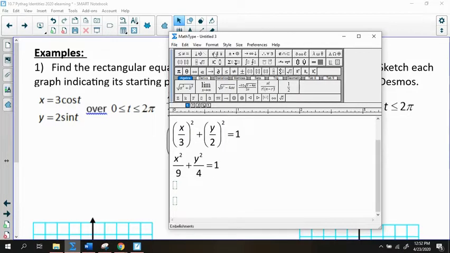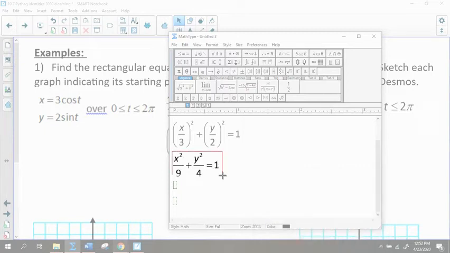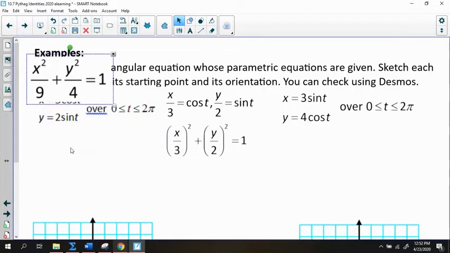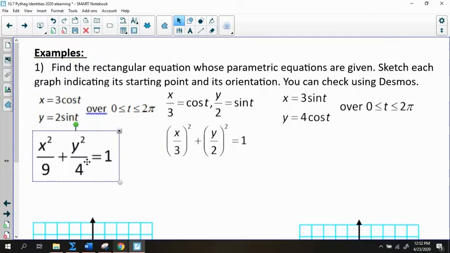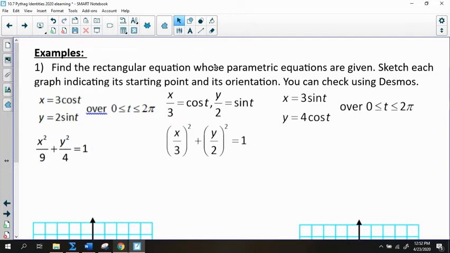And then last year in honors algebra trig, you would have simplified this, or maybe left it like this. And this here is actually the equation of an ellipse. Okay, so this is an ellipse here.